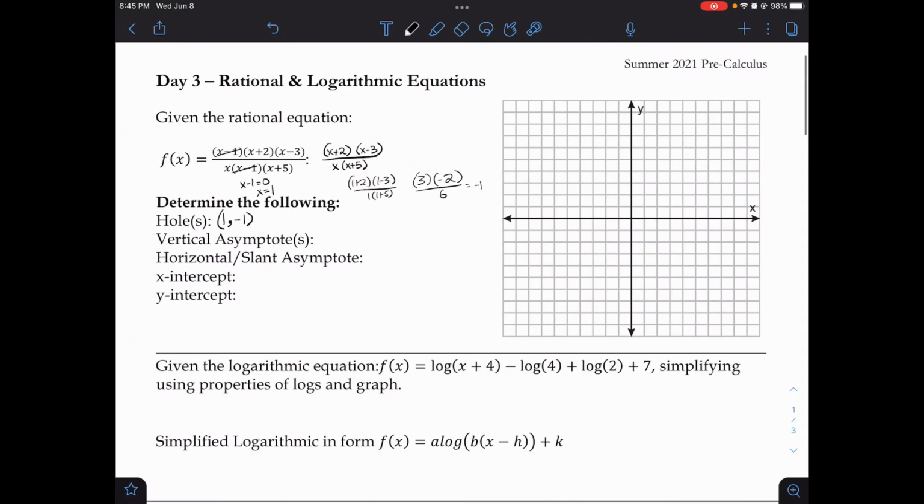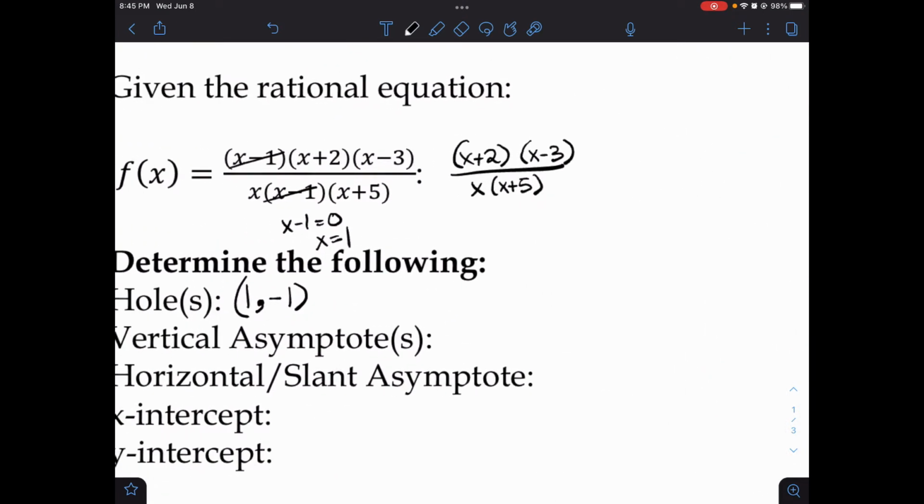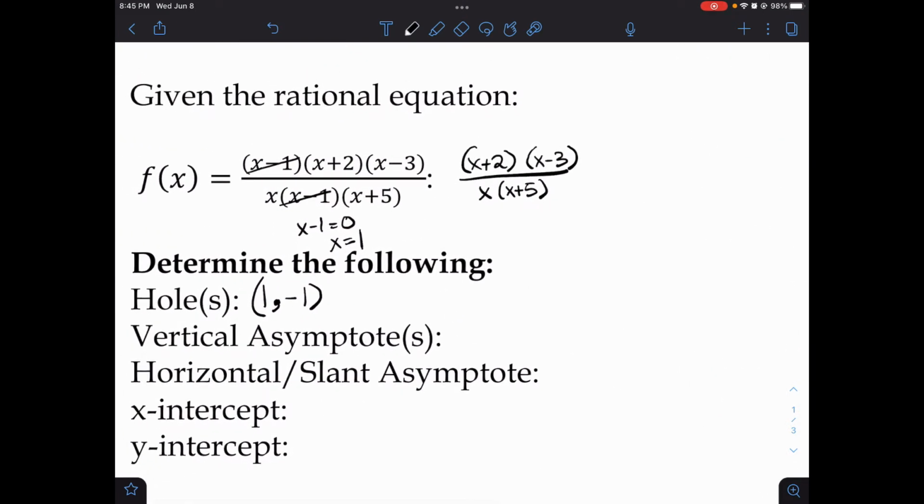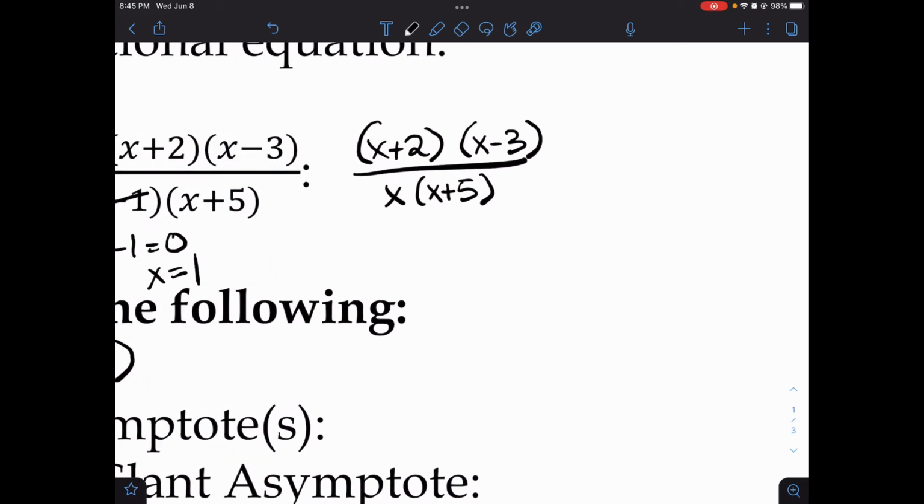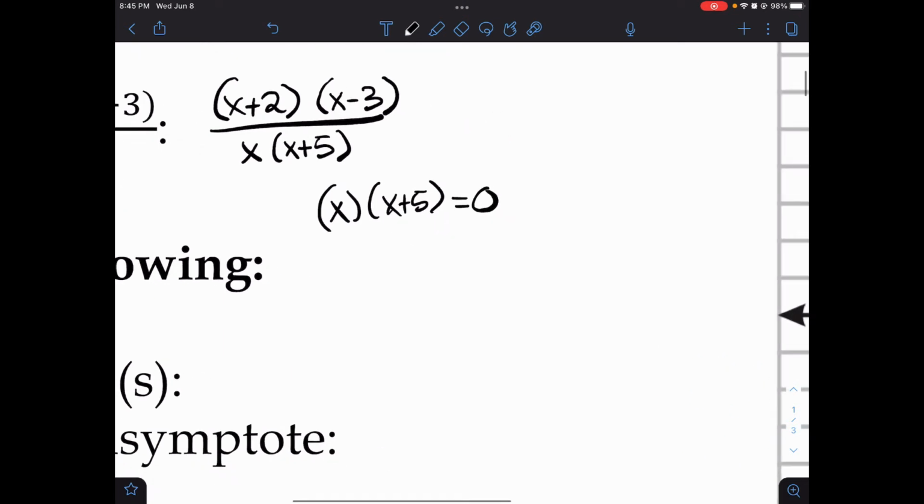Okay, so now we have our hole. Now let's figure out our vertical asymptote. Let me just clear my workspace here. Okay, let's figure out our vertical asymptotes. To find our vertical asymptote, what we do is set the denominator equal to 0. So x times x plus 5 equals 0.